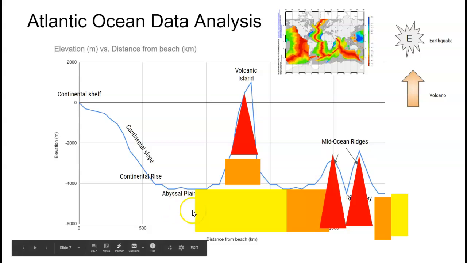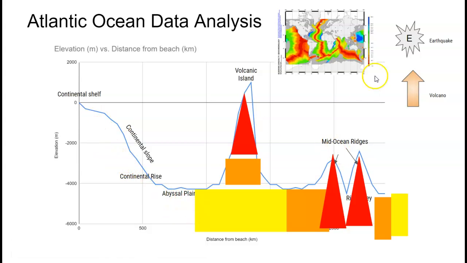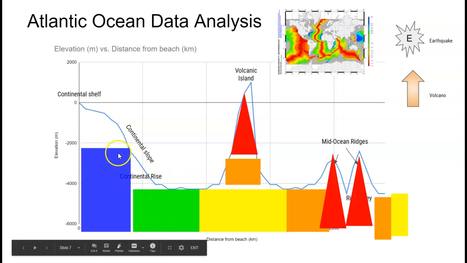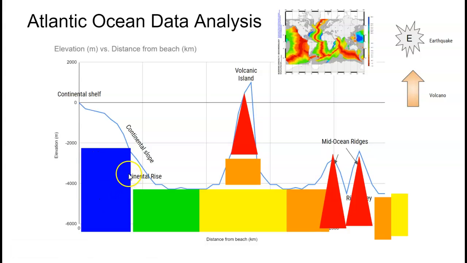And then as we move closer to, let's say, North America, just like in this image up above, it is going to become older. Green represents 90 million years. And then our oldest ocean floor, about 180 million years ago, is blue. And that actually tells us that perhaps if we look on this big map here, those continents were closer together, and about 200 million years ago, they started to separate. And so our oldest ocean floor that once was in the middle is about 180 million years old.